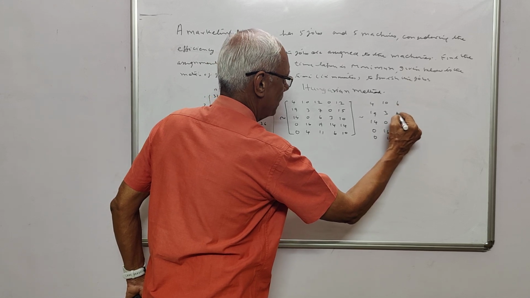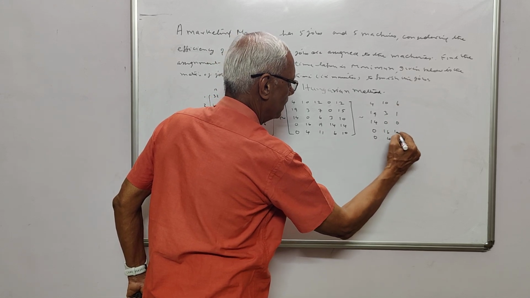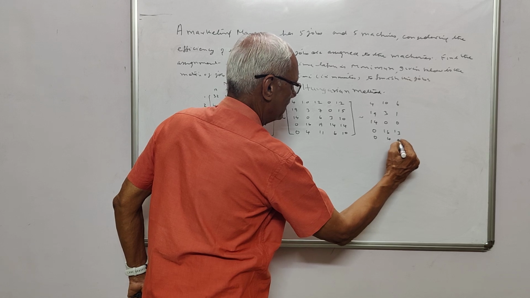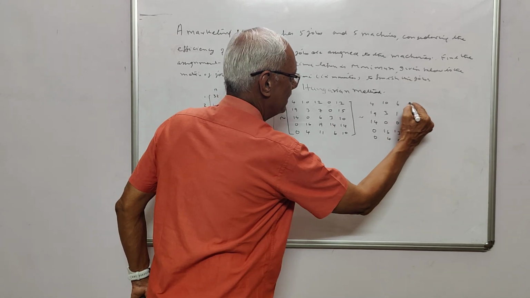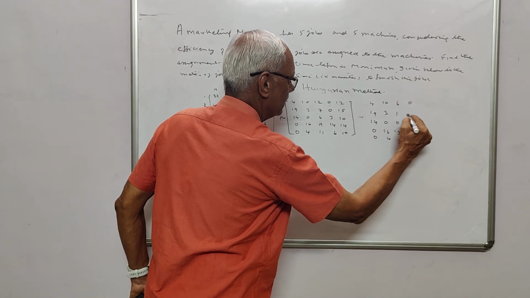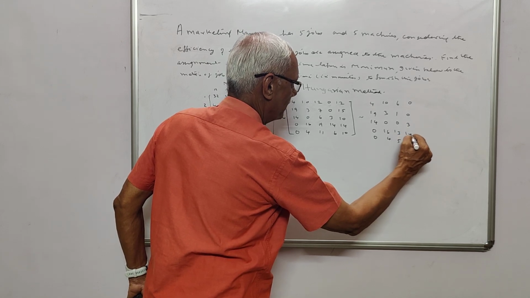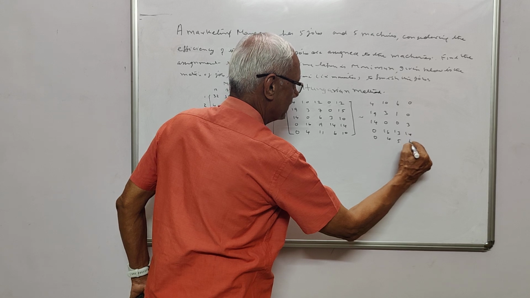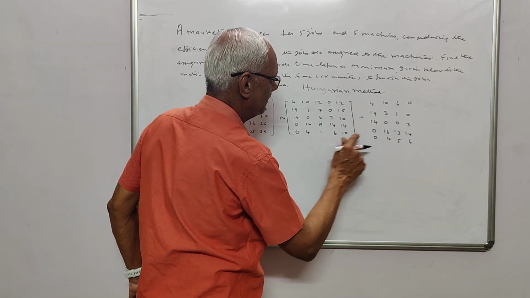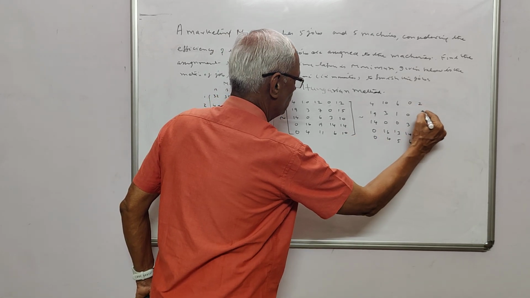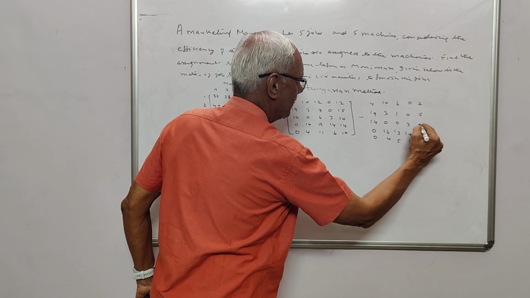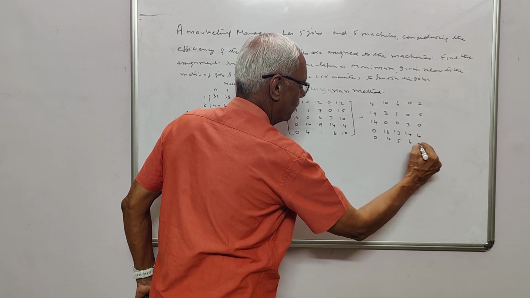So it is 1, 0, then 13, and this is 5. And here you see that 0, 0, 3, and 14, and this is 6. Come to this, 10 is the minimum, so it is 2, it is 5, it is 0, it is 4, it is 0.